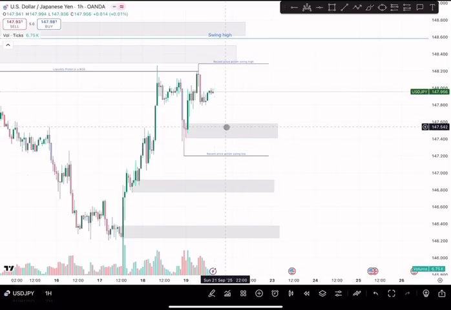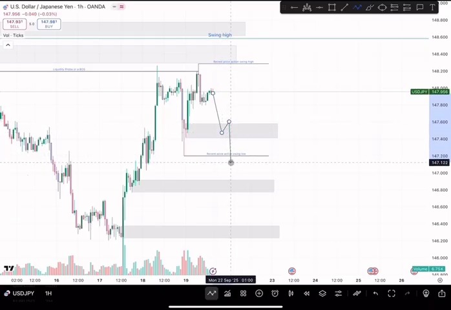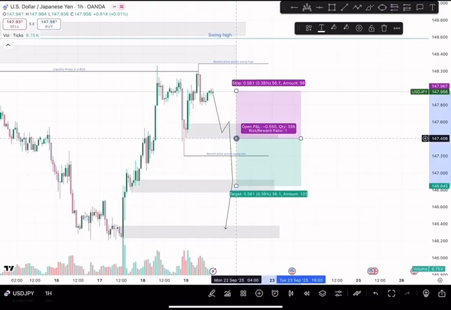So if price actually breaks below here, comes into this demand area and breaks the recent price action swing low, I don't know for a fact, but there's a possibility that it will target the demand areas that we have, and it would be a good option for me to sell.